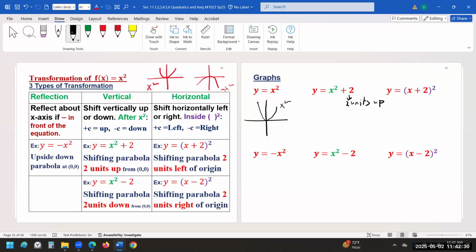What does that mean? It means if this is your original x squared, you are moving your vertex 2 units up, and you are drawing a parabola again. So this is x squared plus 2. Compared to the original one, you are shifting 2 units up.